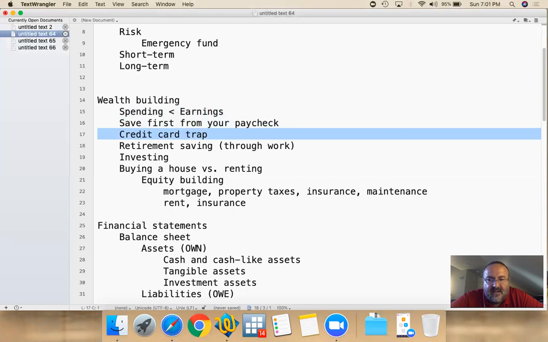Now, the idea again is for these banks to let you borrow and spend the money that you do not have. The way that it works is very simple. You spend the money that you do not have, and then you have about a month to pay it back. Now, if you pay it back, all is great.